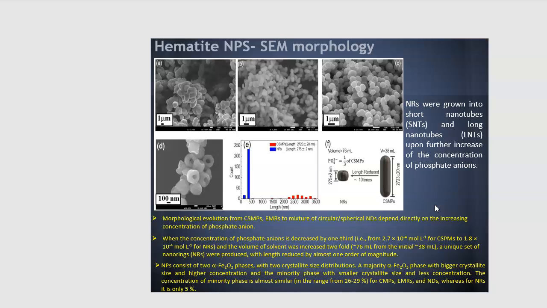The concentration of the minority phase is almost similar in the capsule-shaped microparticles, ellipsoidal microparticles and nanodiscs, whereas it is only 5% in the case of nanorings.